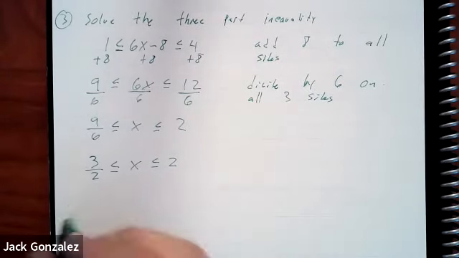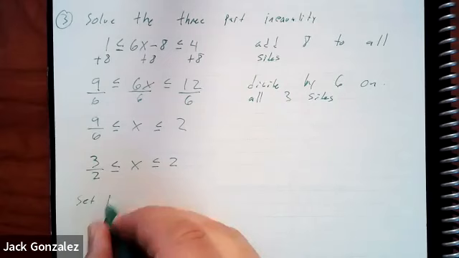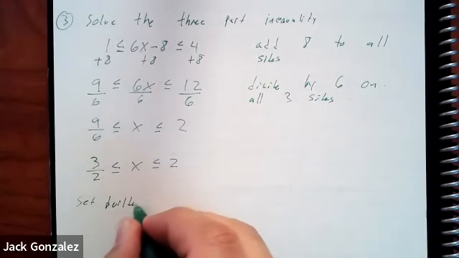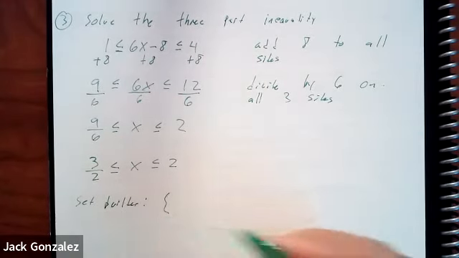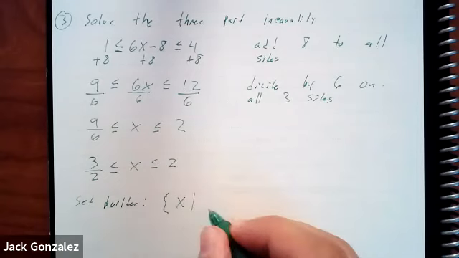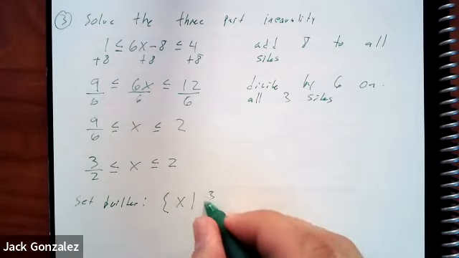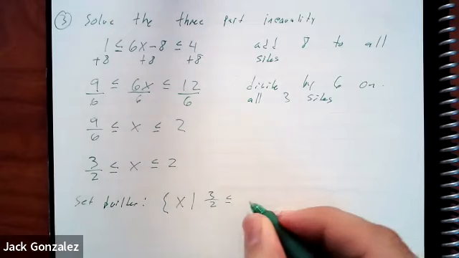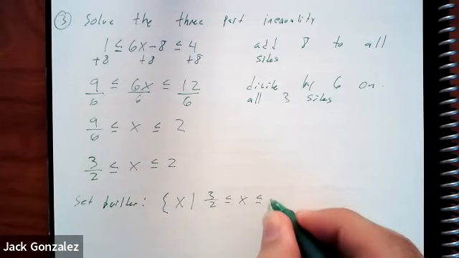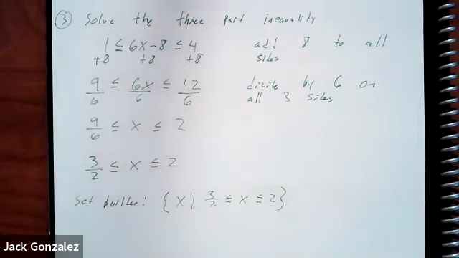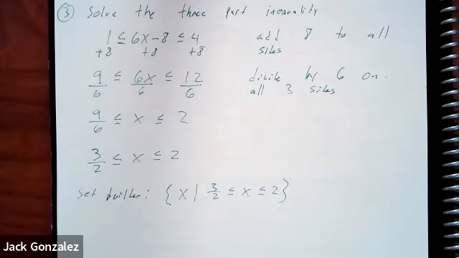Now in set builder notation: braces, x such that x is between 3/2 and 2. So this time we are including them.